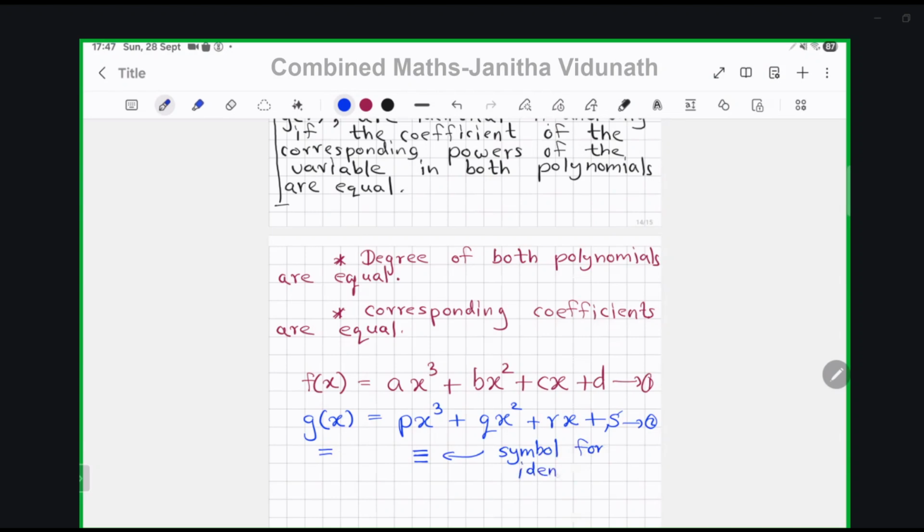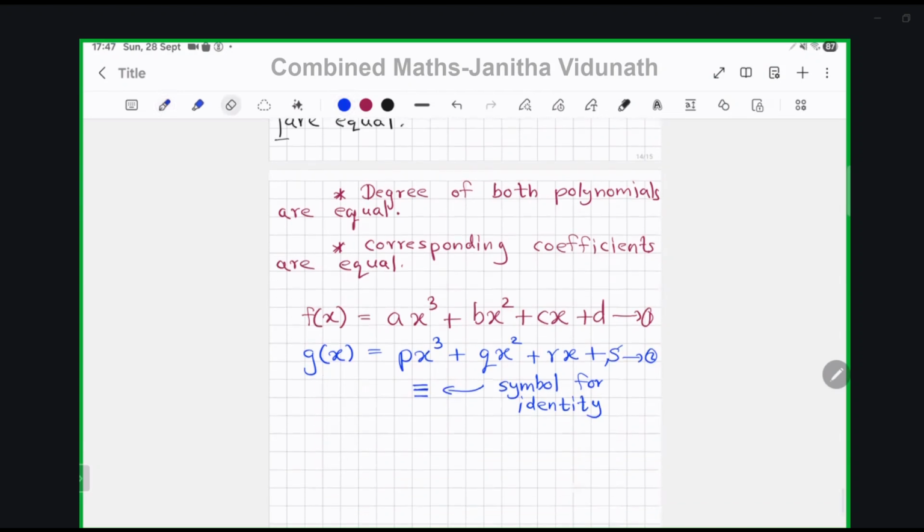This is the symbol for identity. Now, if someone says f(x) is identical to g(x), like here, the polynomial f(x) is identical to polynomial g(x).